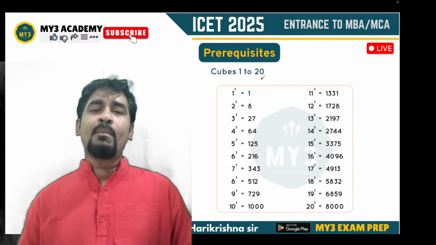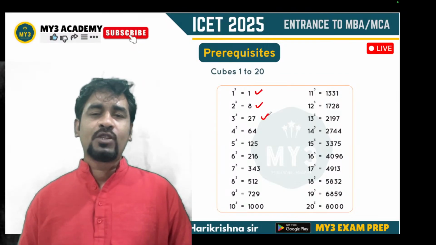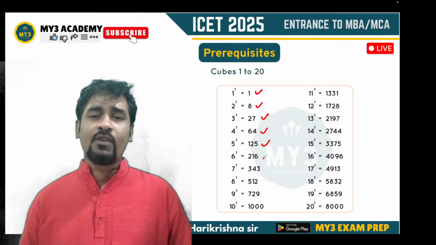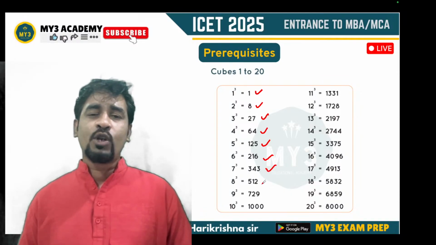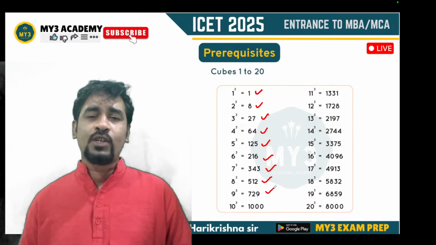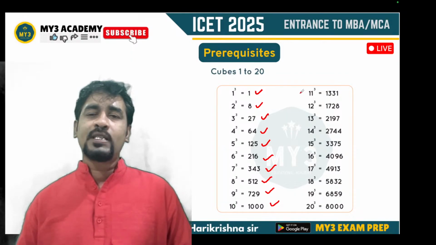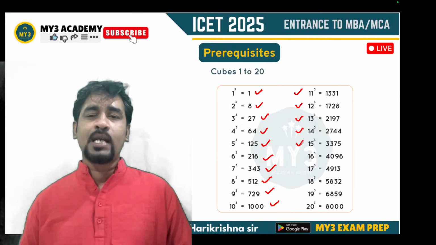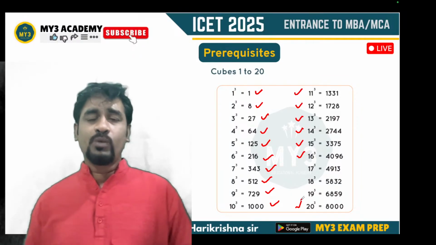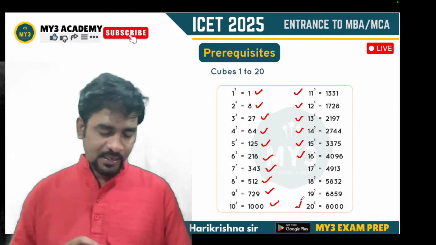So remember the cube numbers. 1 cube is 1, 2 cube is 8, 3 cube is 27, 4 cube is 64, 5 cube is 125, 6 cube is 216, 7 cube is 343, 8 cube is 512, 9 cube is 729, 10 cube is 1000, 11 cube is 1331, 12 cube is 1728, 13 cube is 2197, 14 cube is 2744, 15 cube is 3375, 16 cube is 4096, like that till 20 cube. 20 cube is 8000. Remember till that.